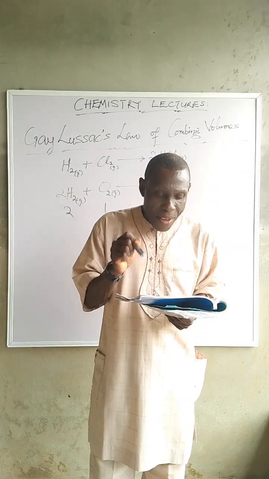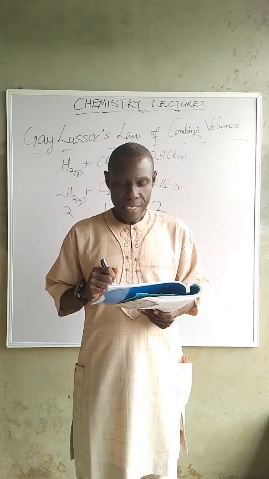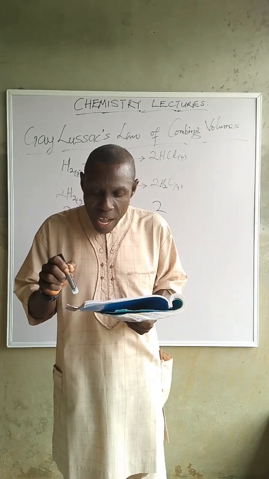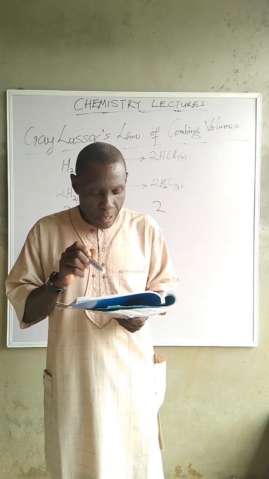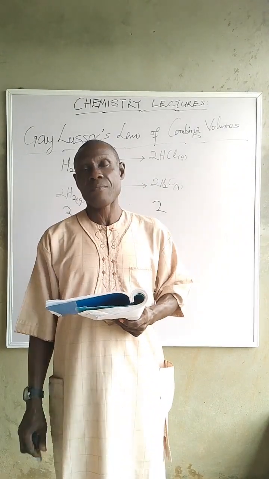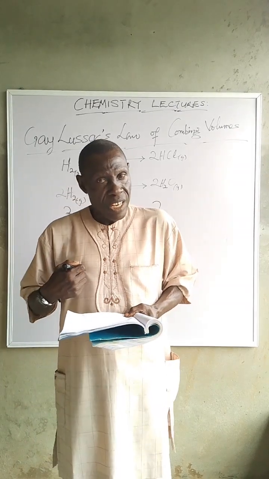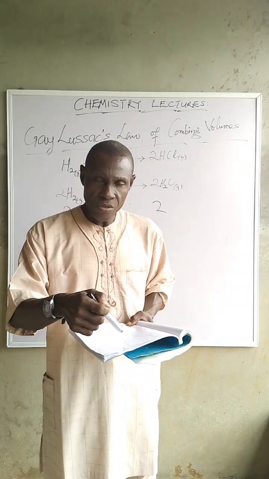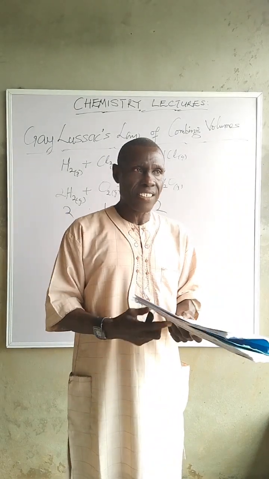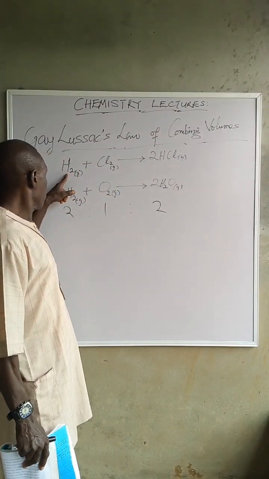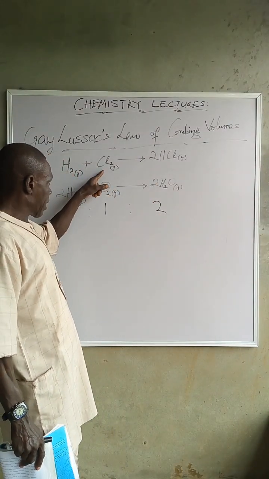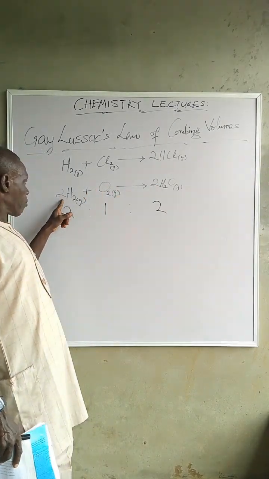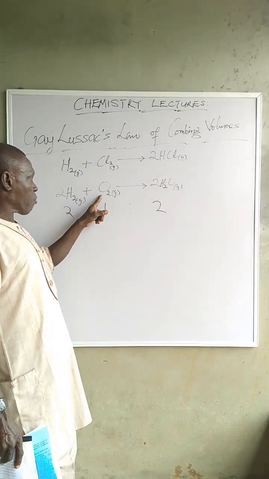But now, the big question is this: how did Lussac determine the volumes of the reacting gases? I'm asking you, how did he determine the volumes of the reacting gases? Here he said 1 volume reacts with 1 volume to give 2 volumes. Here he said 2 volumes react with 1 volume to produce 2 volumes.